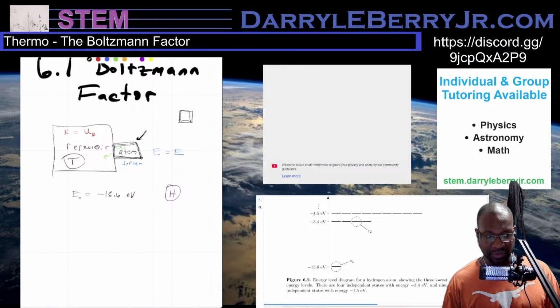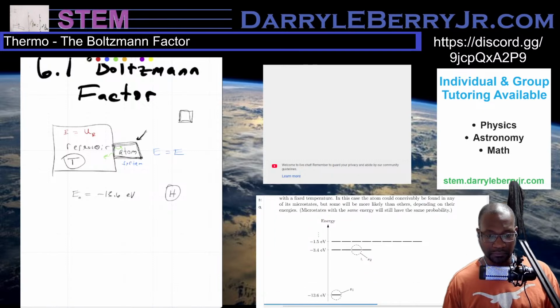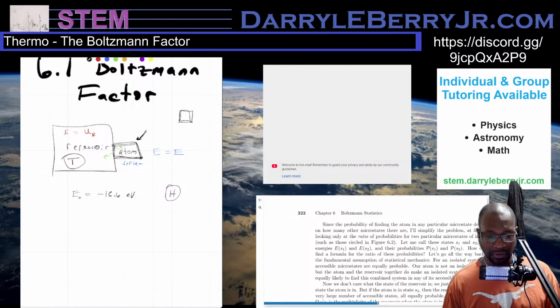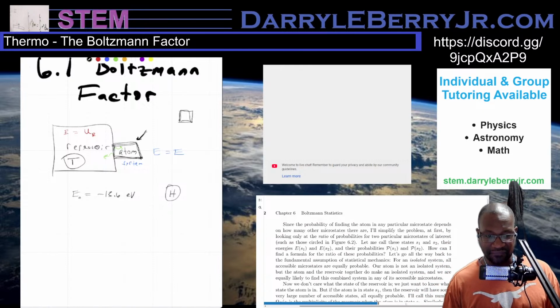So the 1.5 energy level seems to be 9-fold degenerate, the 3.4 level is 4-fold degenerate, and the negative 13.6, which is the ground state, has no degeneracy. The probability of finding the atom in any particular microstate depends on how many other microstates there are.